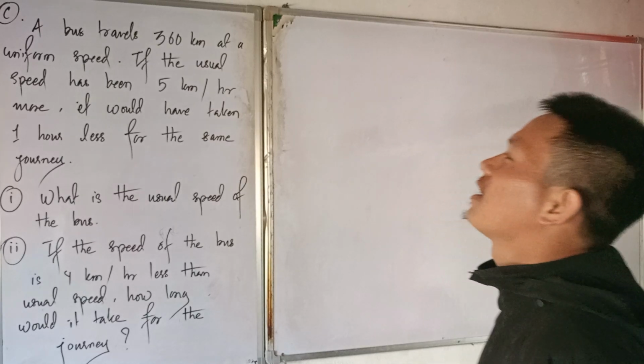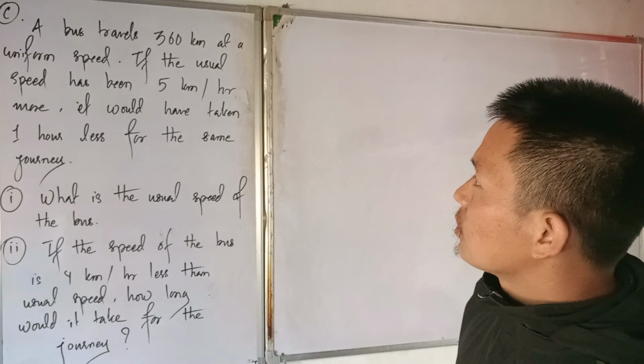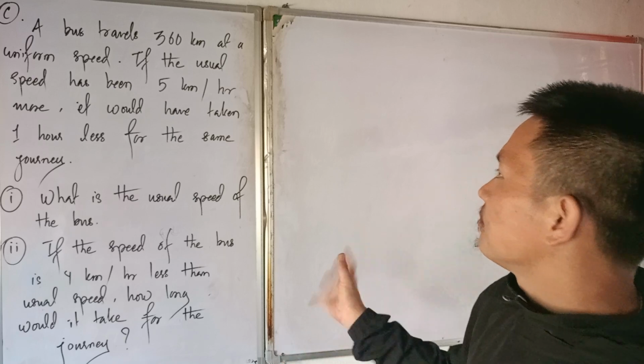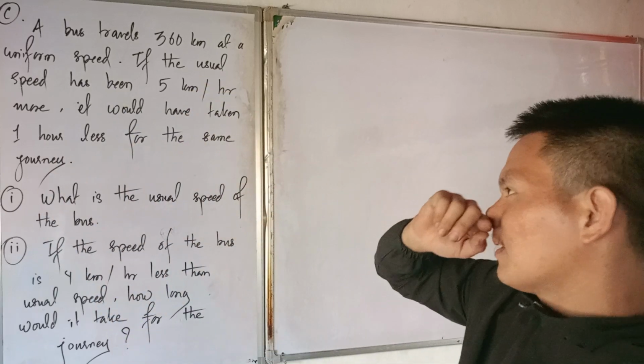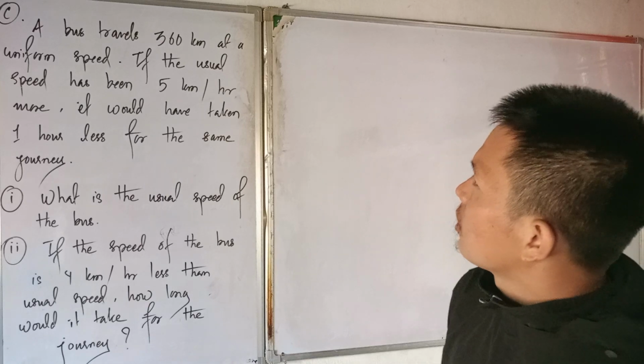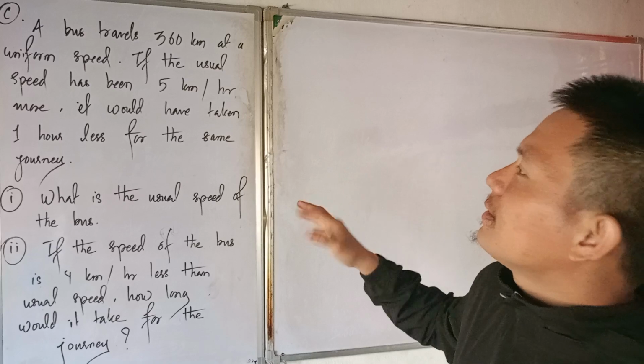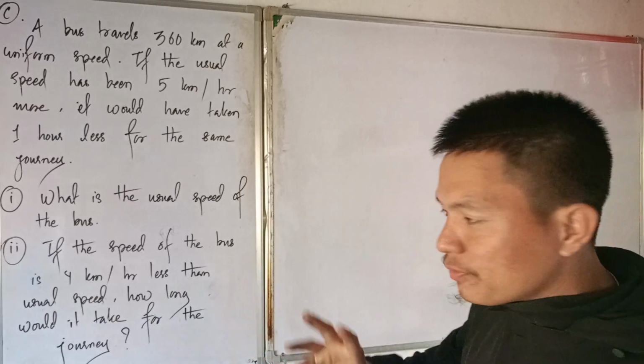Number C. A bus travels 360 kilometers at a uniform speed. So if the usual speed had been 5 kilometers per hour more, it would have taken 1 hour less for the same journey. So we don't know the speed, and we don't know the time taken. So we have to consider time and speed as different variables.